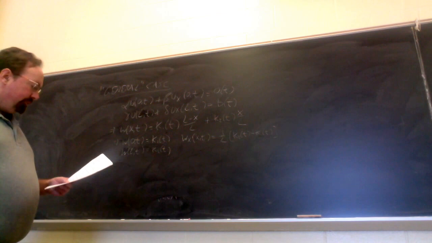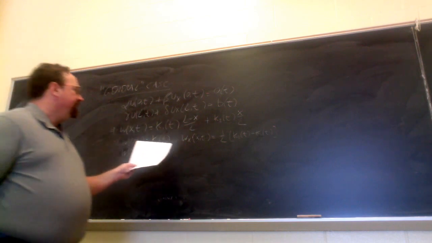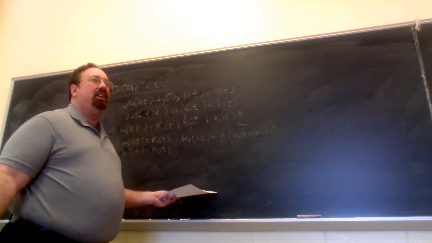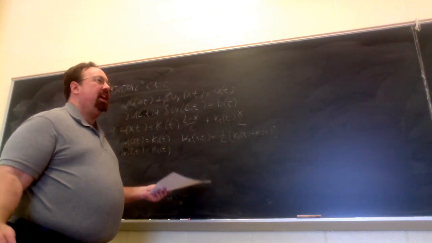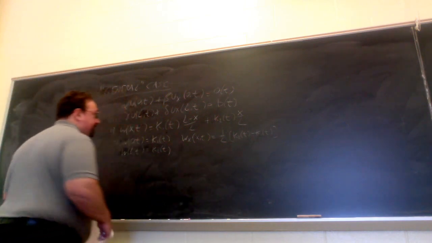It turns out that if you plug in x equals 0 or x equals L, that makes no difference. It's a linear function in x, so the derivative is a constant function in x.